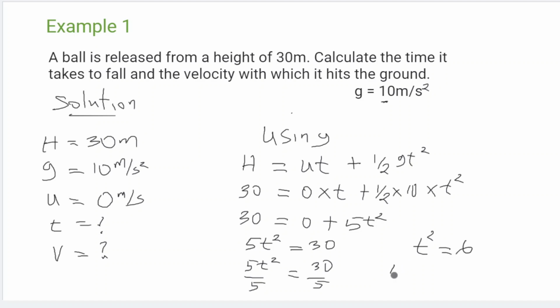So t will now be the square root of 6, and the square root of 6 will give us 2.45 seconds. That will be our answer for the time it takes to fall.